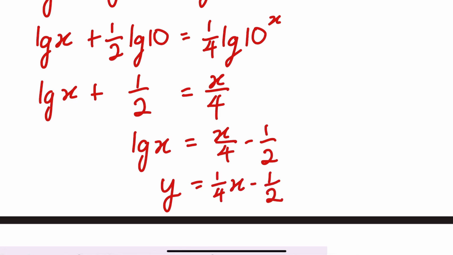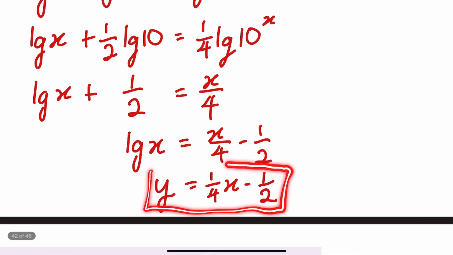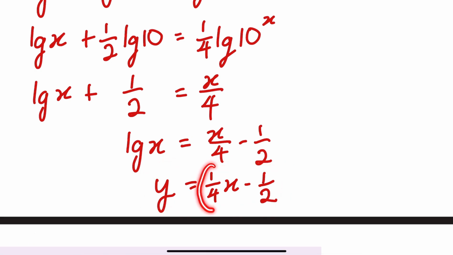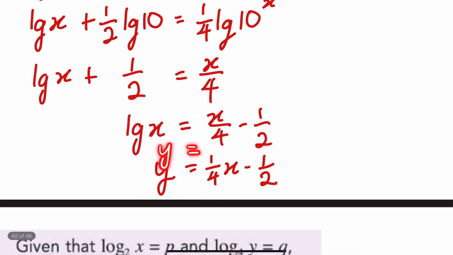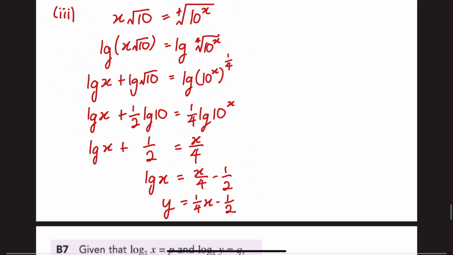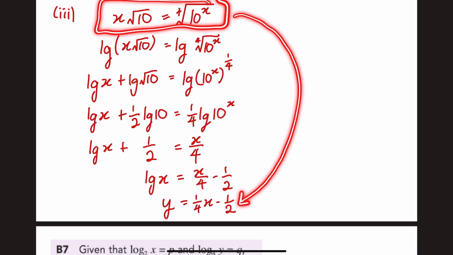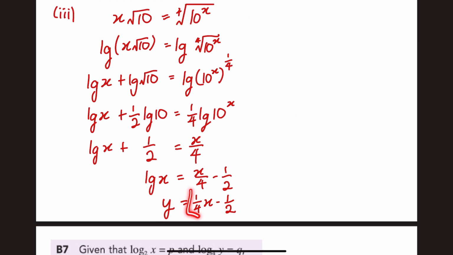This is the equation of the straight line I need to draw, whereby 1 over 4 is the gradient and negative half is the y-intercept. I hope you can see this is the form y equals mx plus c. So in order to solve this equation, I simplify it to get a straight line graph whereby y equals mx plus c.